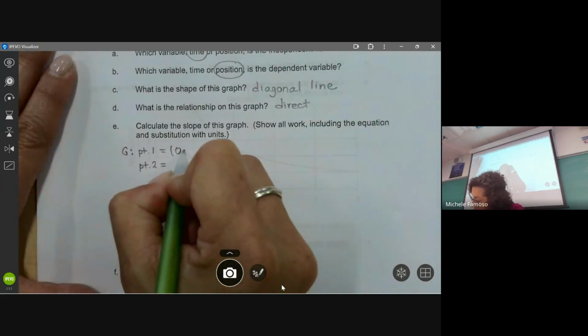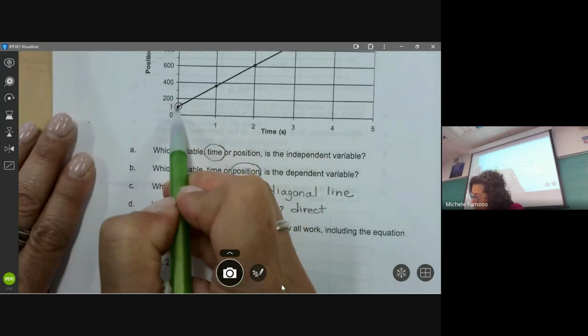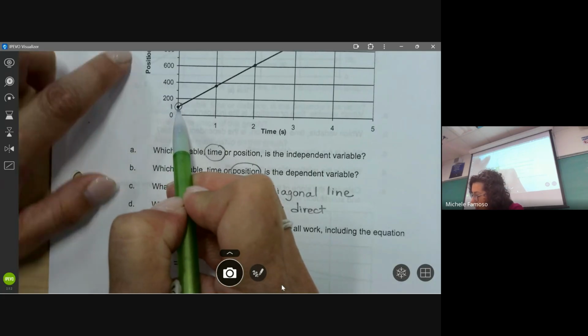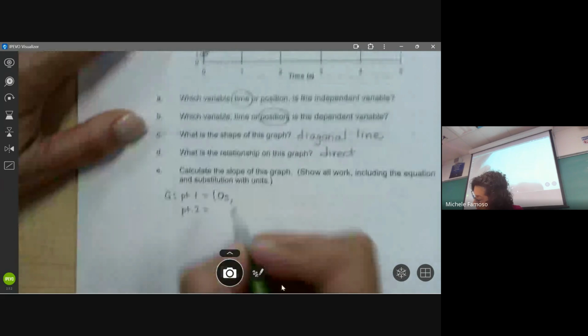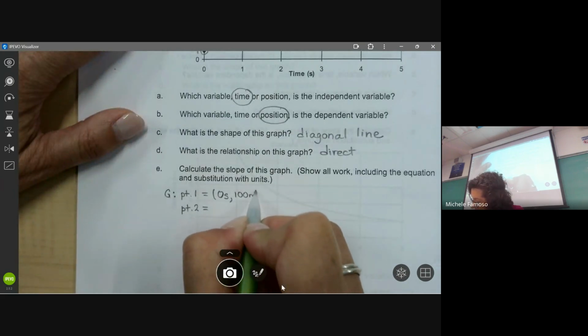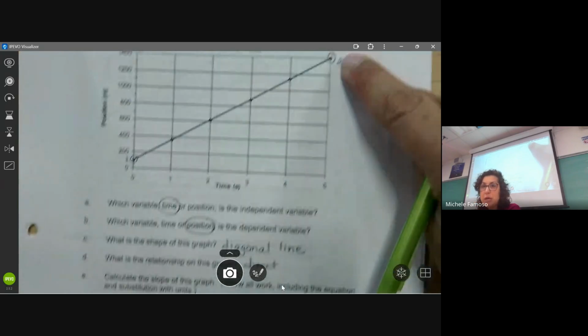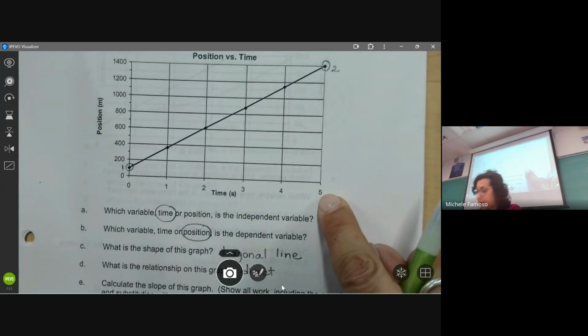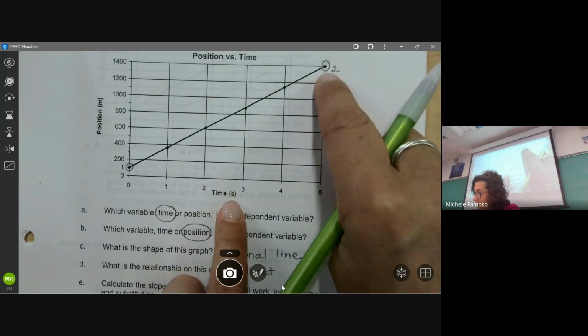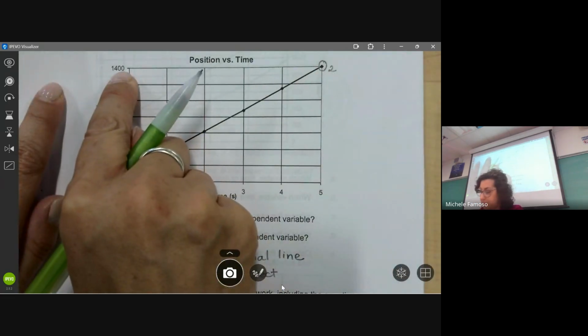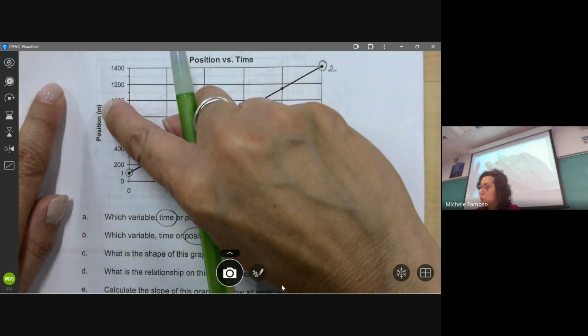So the X coordinate is 0 seconds. The Y coordinate would be at 100 meters. Are you with me? Notice I put units after each number. We're going to do the same thing for point 2. The X coordinate of point 2 is 5 seconds. The Y coordinate is 1,400 meters.